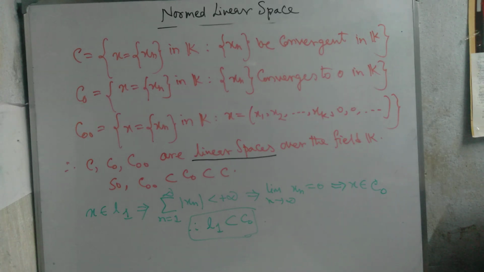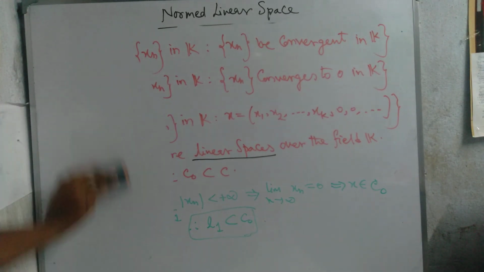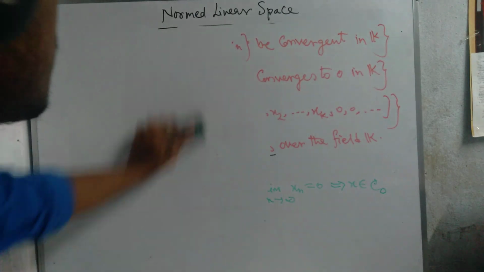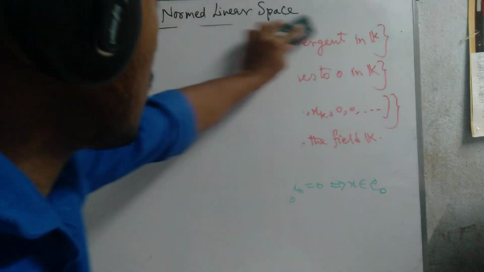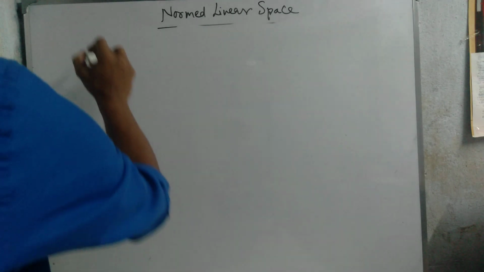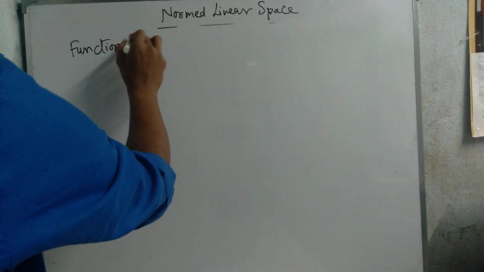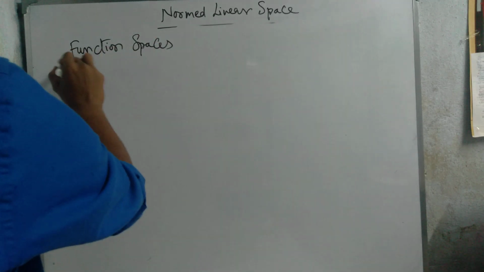That means the space of continuous functions, the space of bounded functions, and the collection of K-valued functions are also discussed today. Just these examples, which form a vector space or linear space over some field. We also discussed sequence spaces. Now we also discuss function spaces.